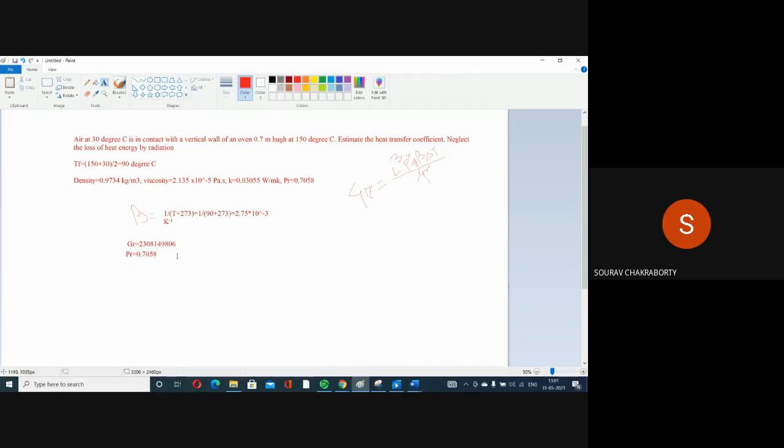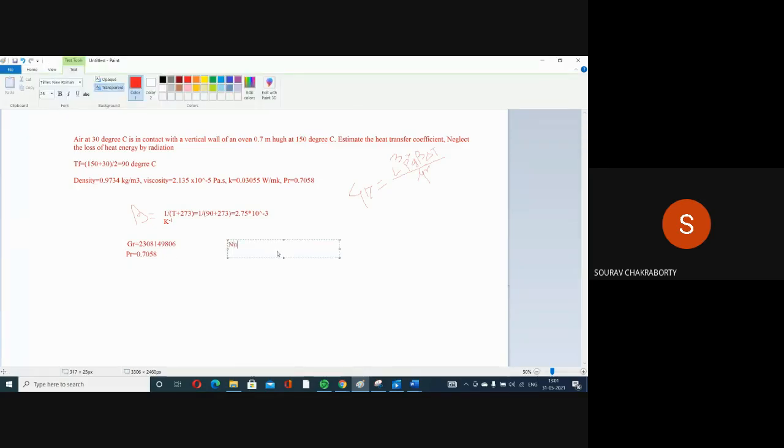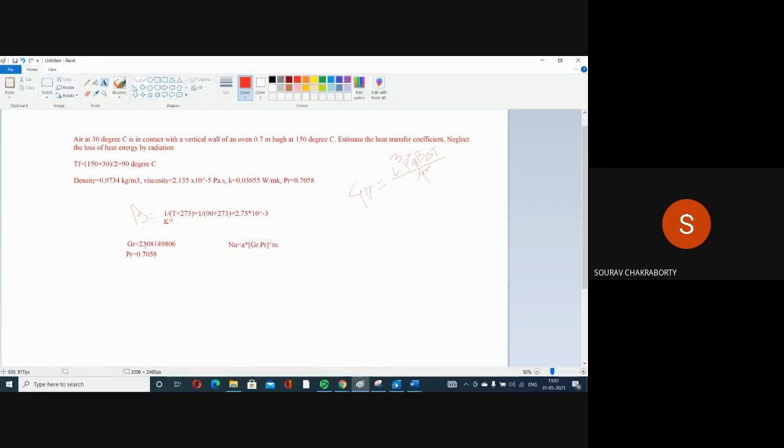Because we are going to utilize the equation that we have just shown, Nusselt number equal to a into bracket Grashof number into Prandtl number to the power m. This a and m value we can obtain from the standard chart for the vertical wall.